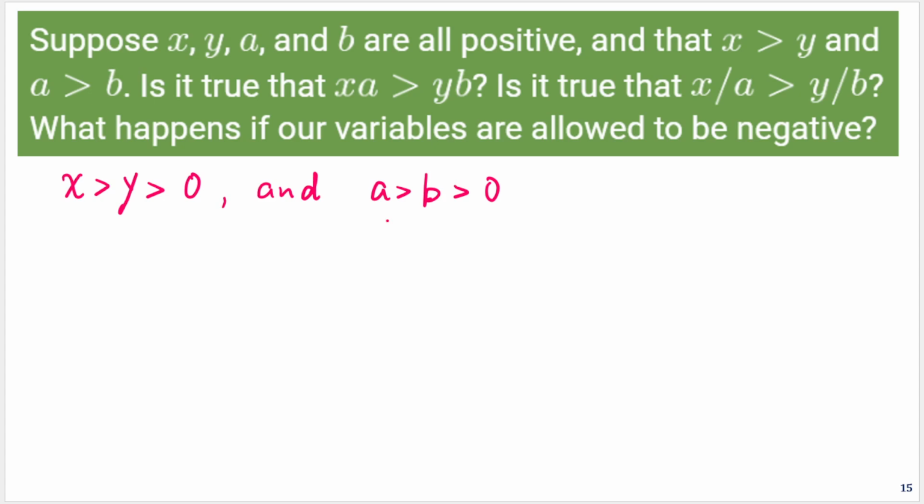And is it true that x over a is greater than y over b? And what will happen if our variables are allowed to be negative? Again, I'll give you 2 minutes to think about this question, and we'll have a look at the solution together, okay?